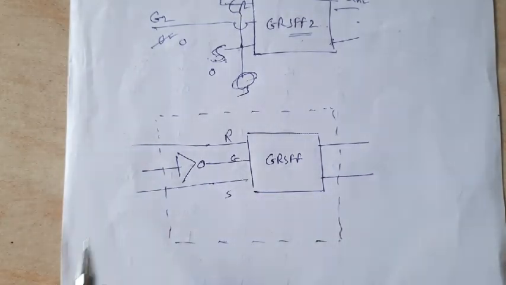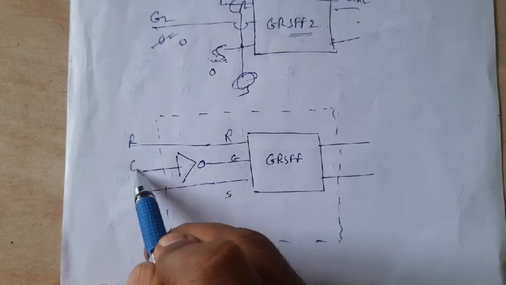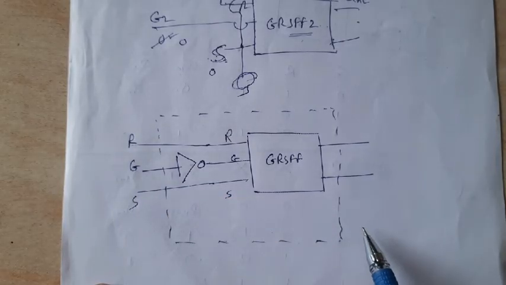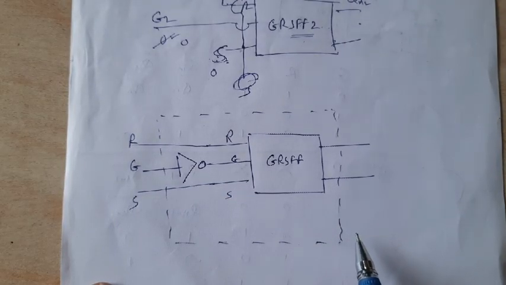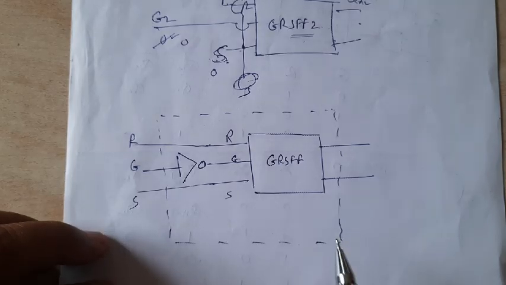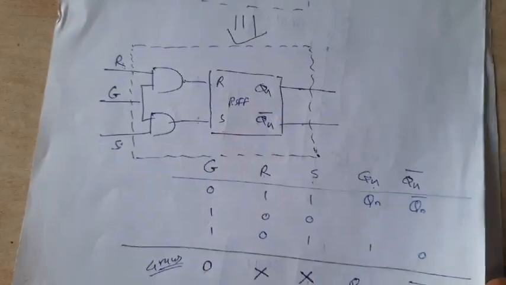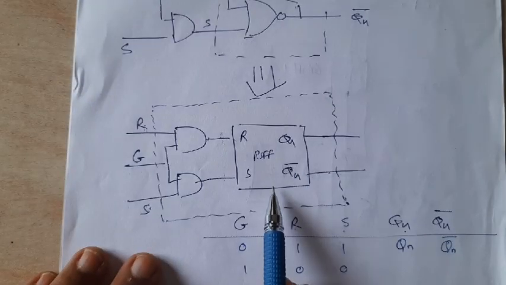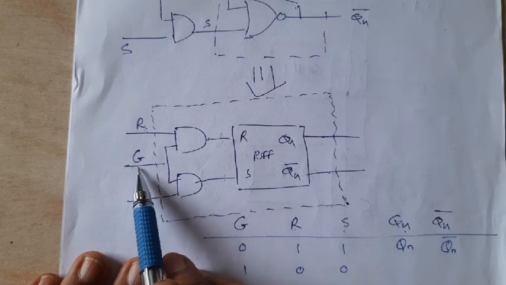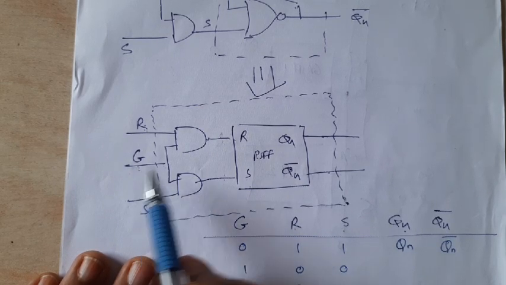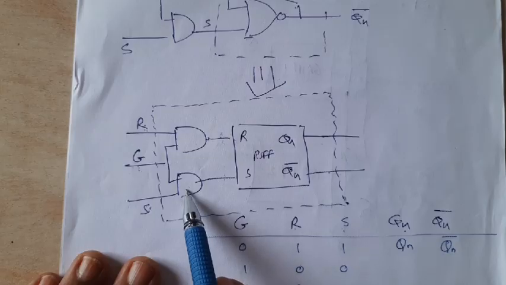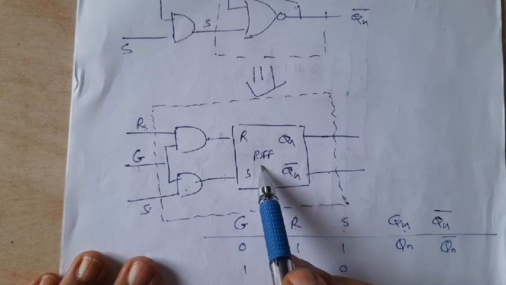This is gate input. Here also it is R, G and S. Now let me know what is the difference. If you observe here, when G input was 1, then these two AND gates were active and the flip-flop was in working state.